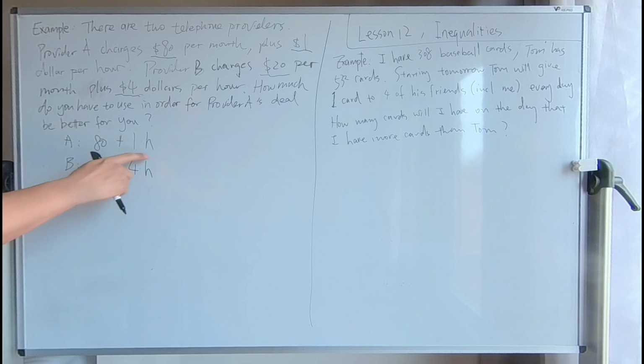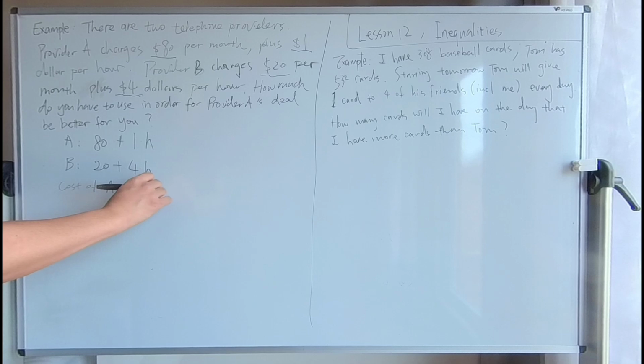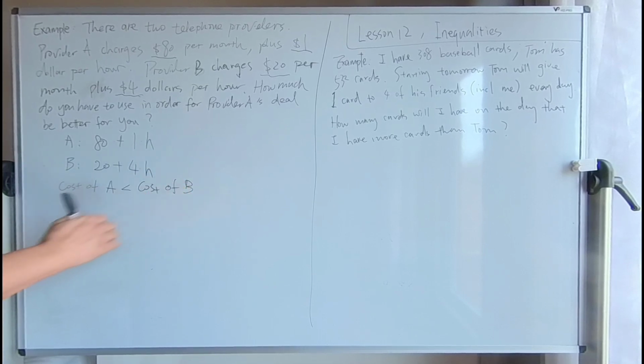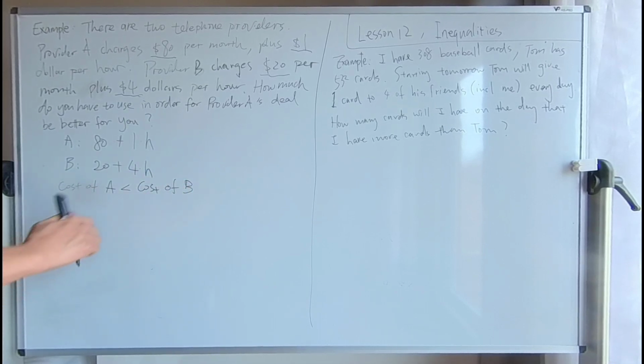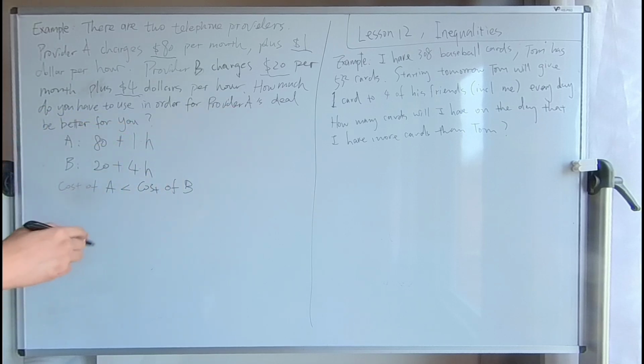So that means I need to know how many hours I use to make the cost of A less than the cost of B, right? Because if the cost of A is less, that proves that provider A is a better deal for me. So now H will be the variable for the number of hours being used.